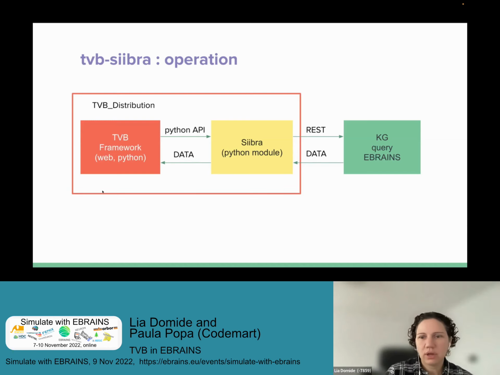This architecture has a few soft spots. One being a chain. It means that any bug or problem that exists in the communication of Zebra with the knowledge graph will reflect into TVB.